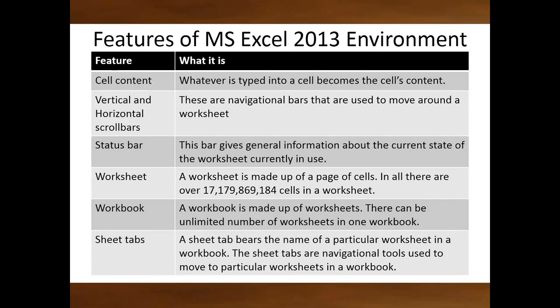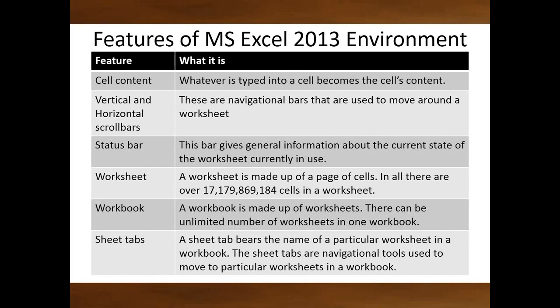For the vertical and horizontal scroll bars, you know their purposes. They are used for moving within our worksheet. The status bar too, you know that it gives general information about the current state of the worksheet that is in use.